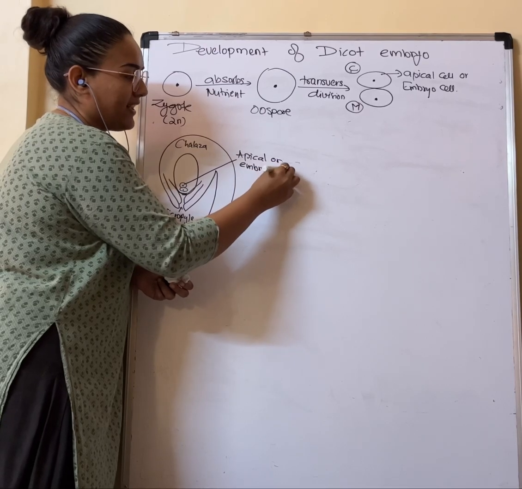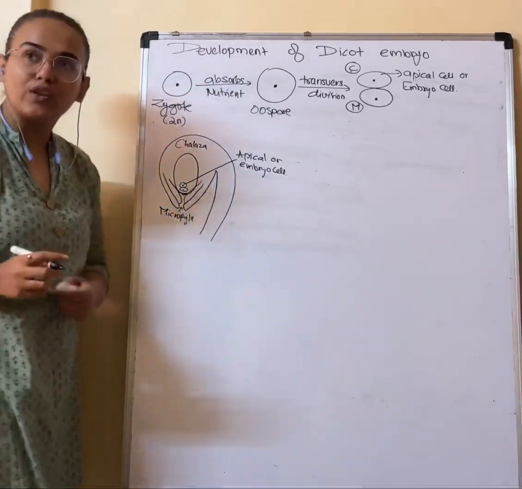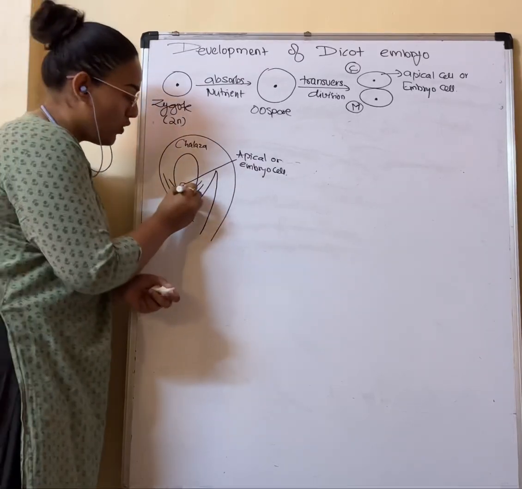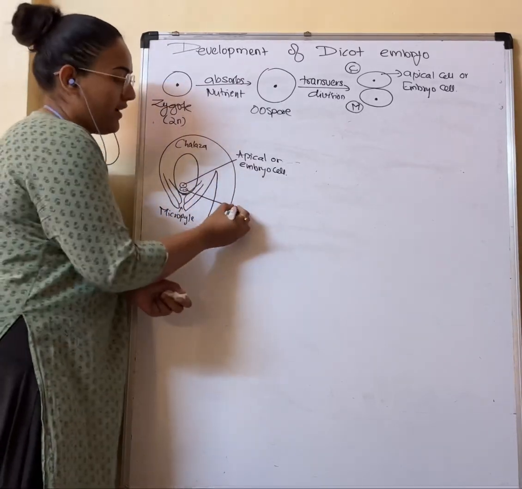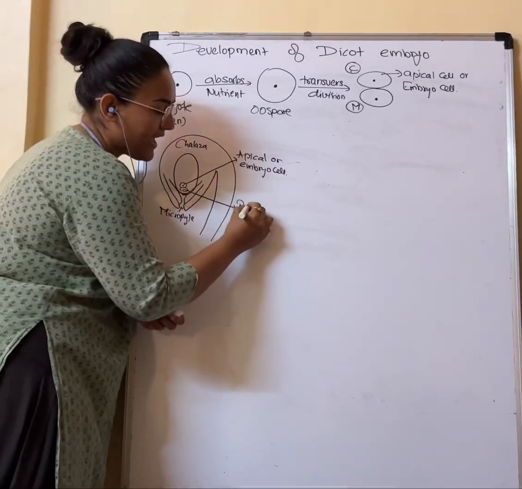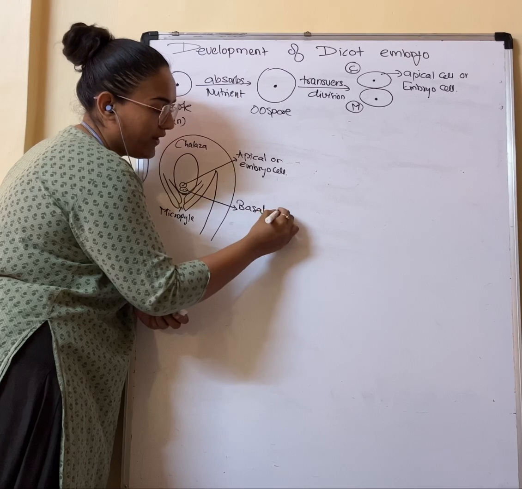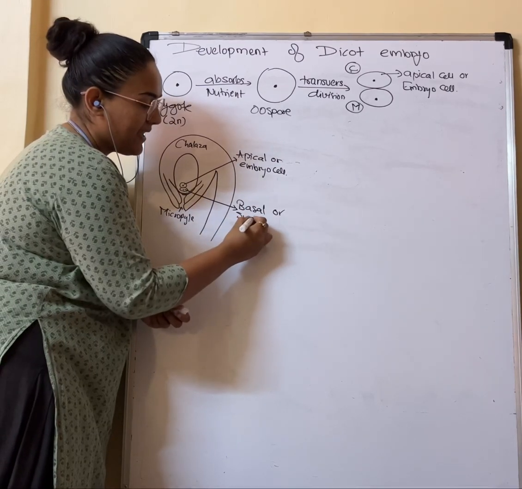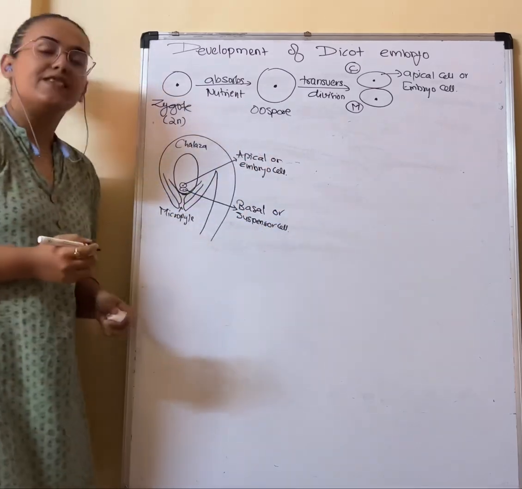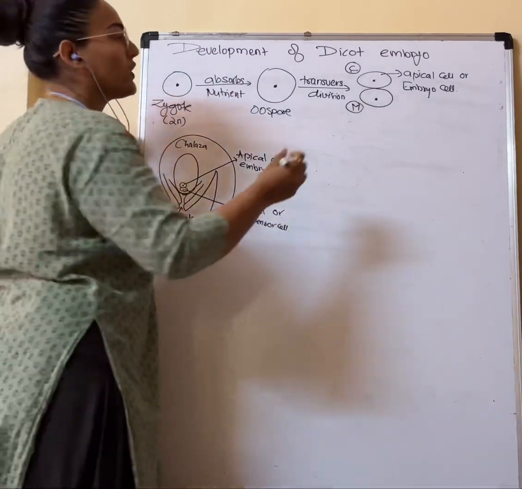The one which is towards the micropyle, the lower cell, is referred to as the basal cell or the suspensor cell.